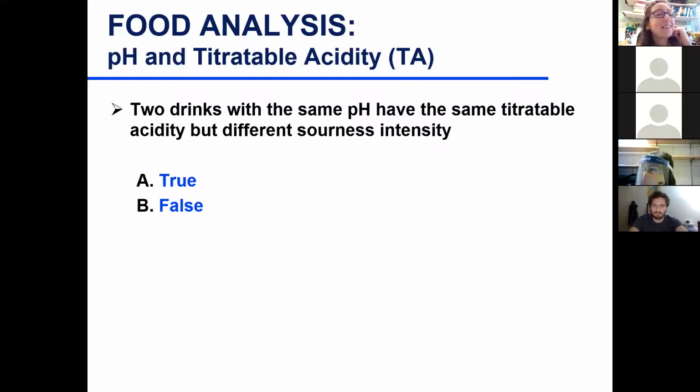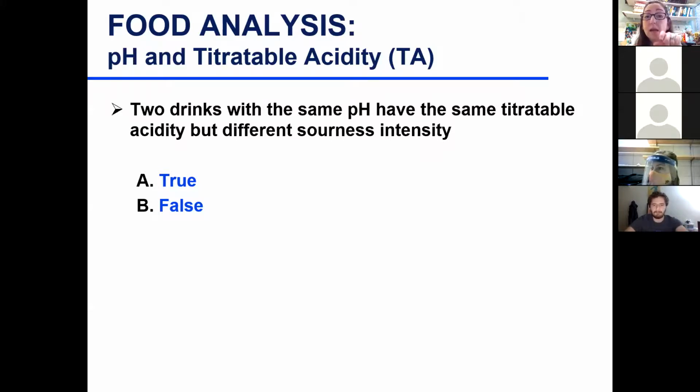Okay, so I'll explain that. You can have the same pH, but actually different titratable acidity. That's because of the difference in dissociation of different acids. Depending on the acid you have, you can have an acid that is more dissociated than another.